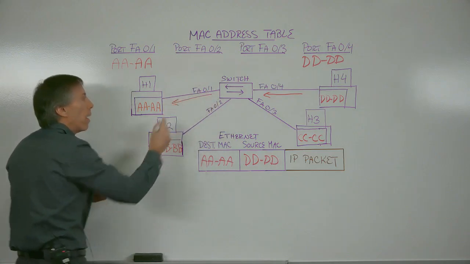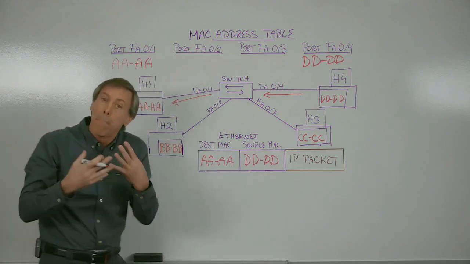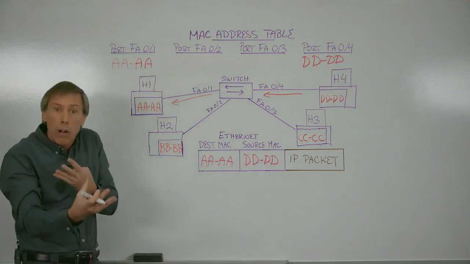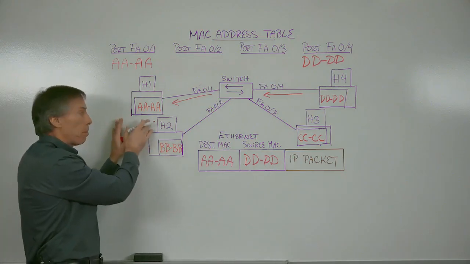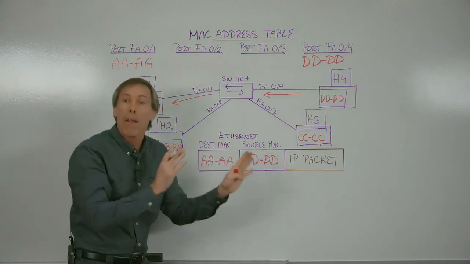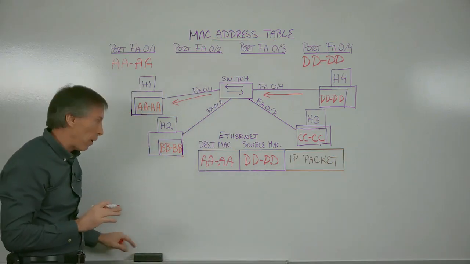So you can see how Ethernet switches build their tables, learn about where the Ethernet source MAC addresses are, and then can start to filter and forward these frames out specific ports.